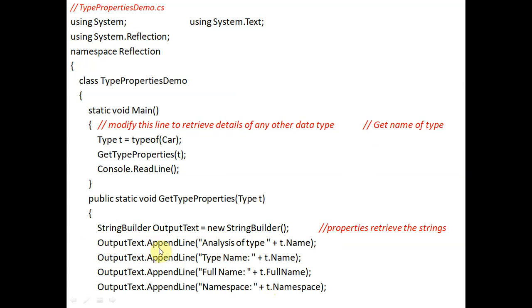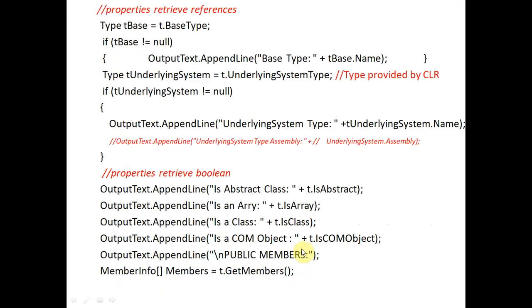So outputText.AppendLine, and the first line will be Analysis of type t.Name. t is the object of Type, and the type of Car will be extracted into t. So t.Name is Car, so it will display the output as Car. The first output will be Car.